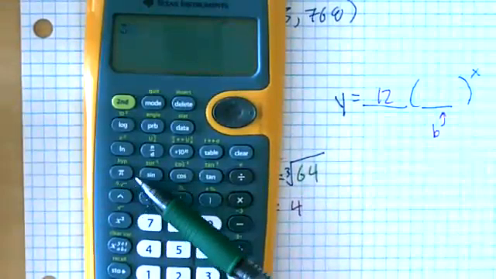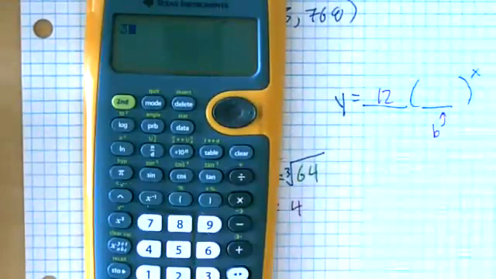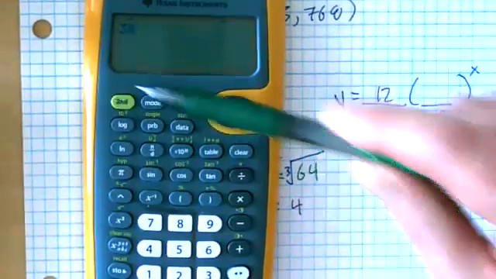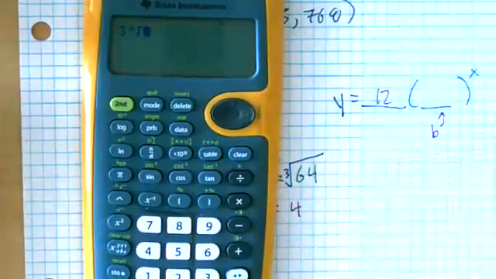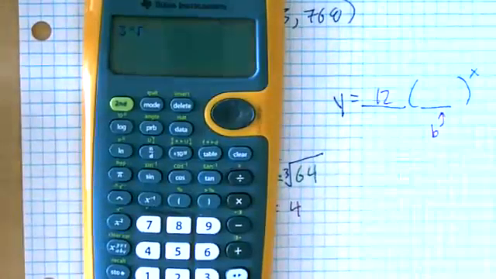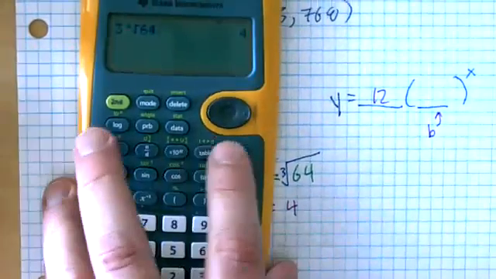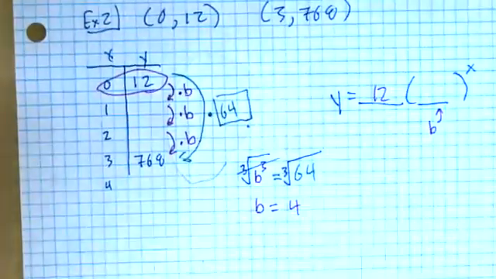See how this radical, this root here has a little X next to it? I need to get that on my screen. So since it's not actually on the button, I need to type second and then that button. And that gets me the X with the root. And then 64. And that gave me that 4. Third root of 64. So please practice typing that into your calculator. If you're sharing a calculator with somebody right now, please make sure that everybody gets a chance to do that.